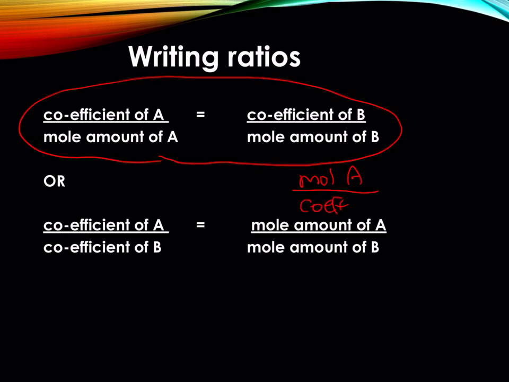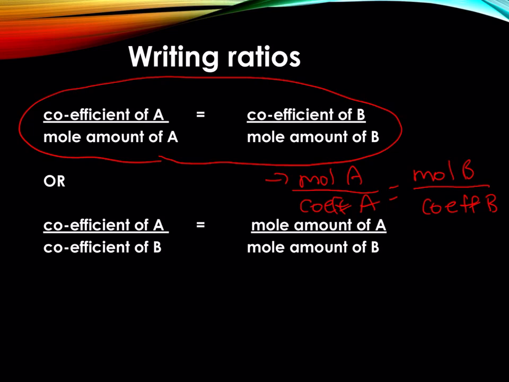Because we are English readers, I like to put mole at the top because that's normally what we're looking for, but it doesn't matter as long as you have it on both sides, okay? We are English readers, so we start on the left, so I like to put my unknown variable on the left here. Normally we're looking for some kind of mole amount given another mole amount.